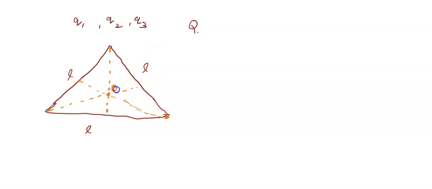So this is point O, which is actually the centroid, and this will be L by 2, L by 2, L by 2, L by 2, and these points are A, B and C.